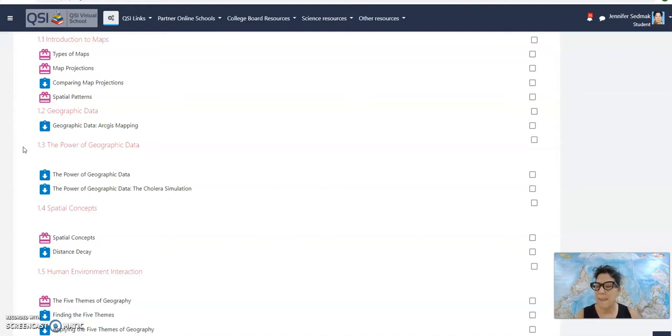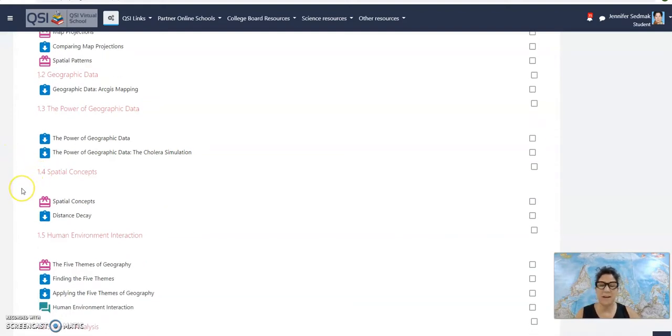Then you should have also done these 2 activities on spatial concepts, how features are distributed across the earth. They follow different patterns, and also related to those different patterns, there are some issues that we face geographically speaking in situations, especially as they relate to distance decay.